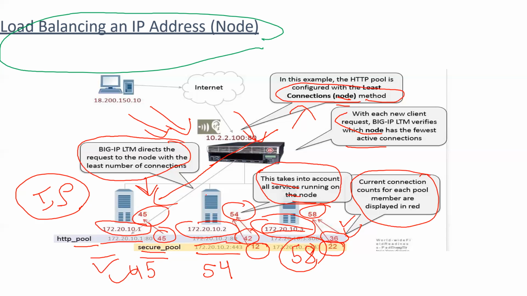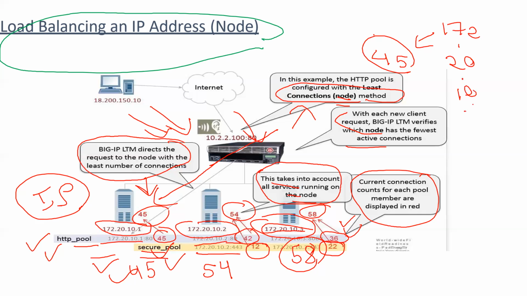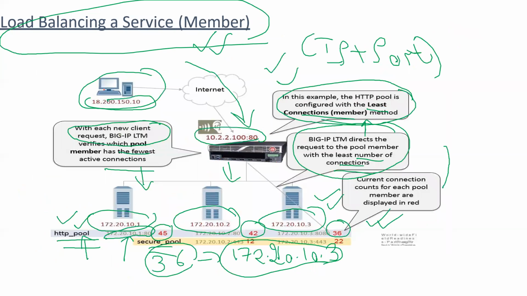But we have the least connection node method, so it will count the IP address. An IP address can be part of your HTTP pool and part of your secure pool. So the answer is 45 connections, and it will send to 172.20.10.1.